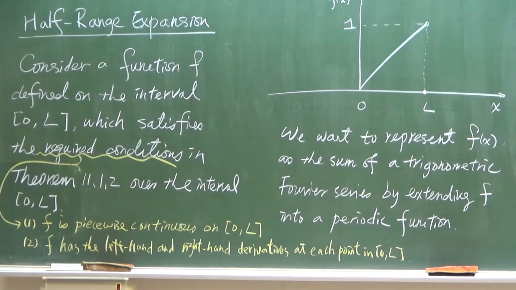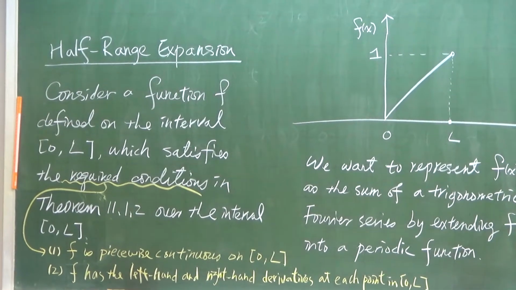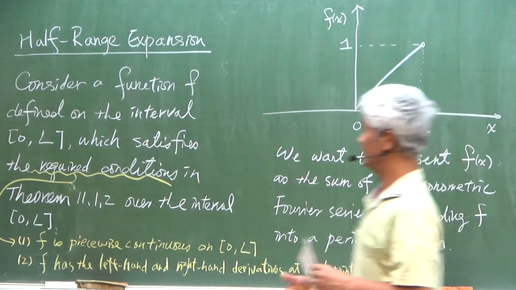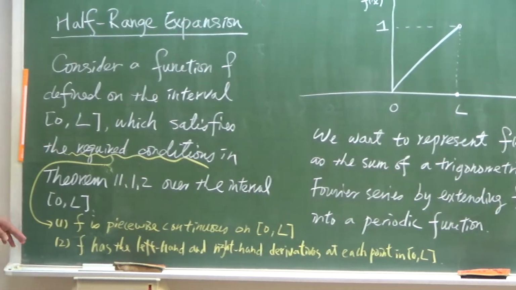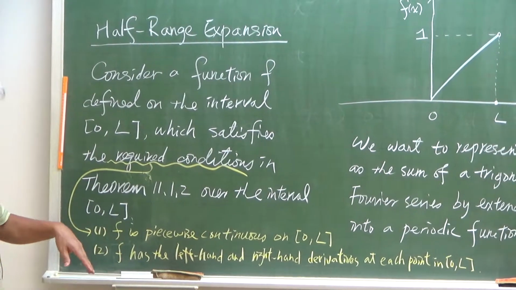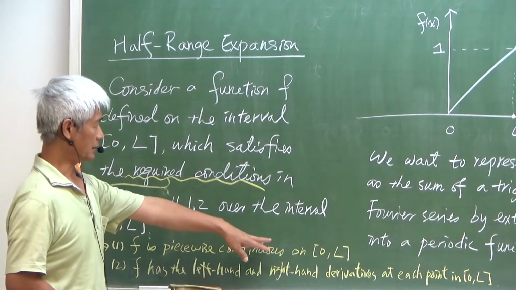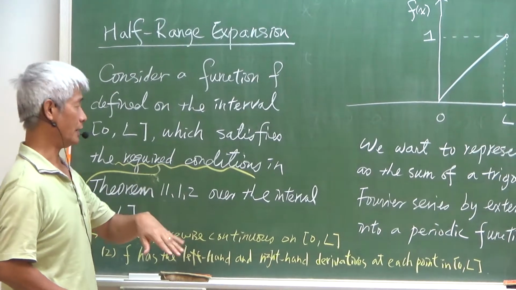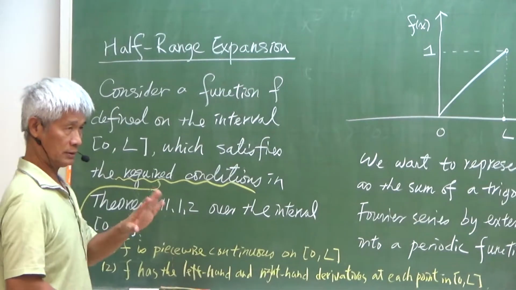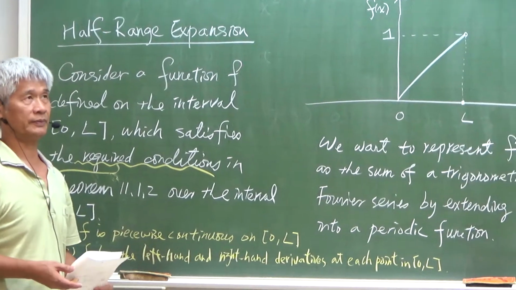And I think you already did this, because in the first quiz, especially quiz number 2 and 3, for each periodic function you had to verify that it is piecewise continuous from minus pi to pi, and that each function in either problem has left hand and right hand derivatives.